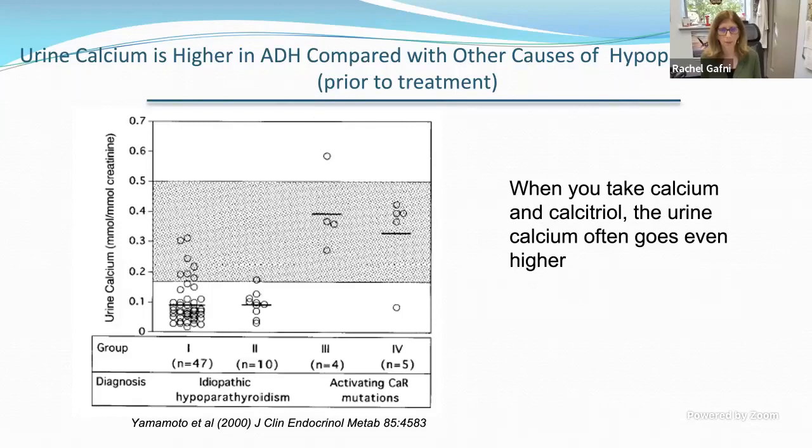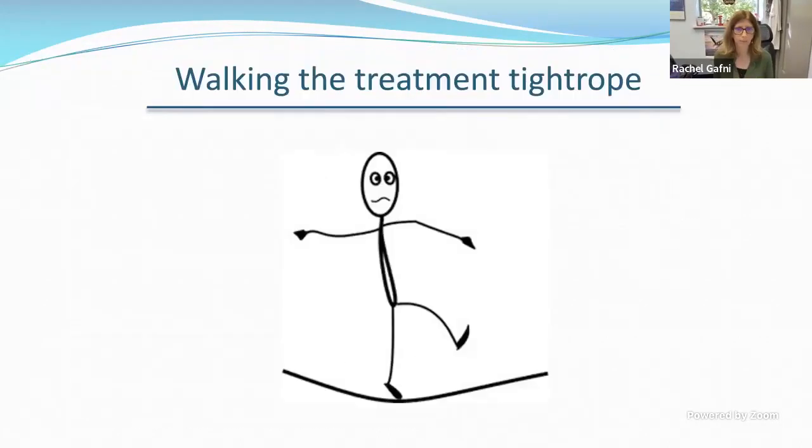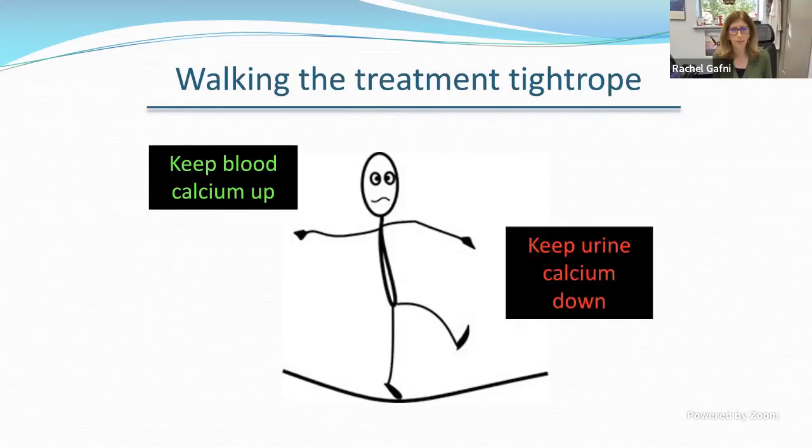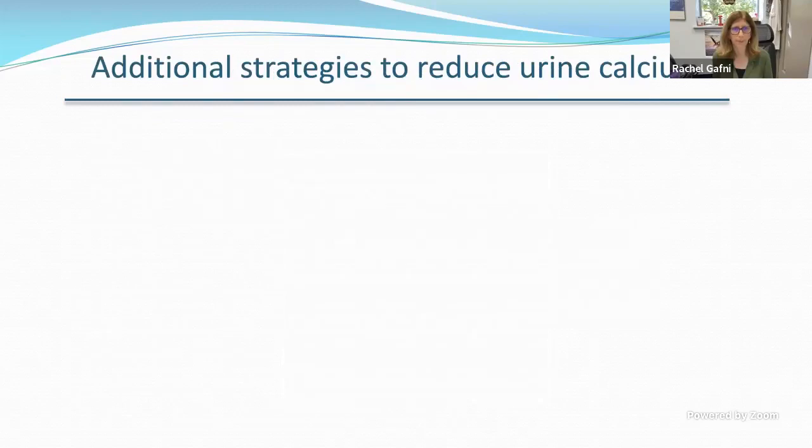So for ADH patients who are starting already at inappropriately high urine calcium levels, this gets worse. So when we're trying to manage ADH1, we're walking this treatment tightrope. We're trying to keep the blood calcium up high enough to not have symptoms, while at the same time keeping the urine calcium down.